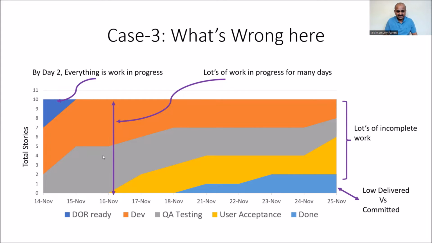So the result is you have lots of work in progress for many days. And then UAT has started, and the work in progress is more. Ultimately, there is low work that got deployed. So you committed for 10 features, you have only given 2 features in production. Is it good? It is up to you.